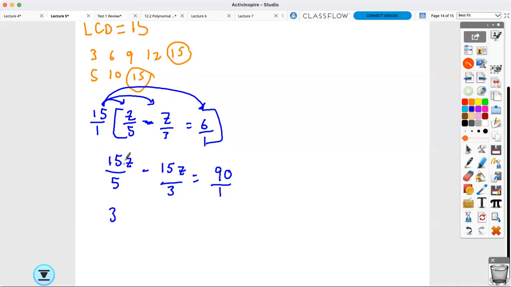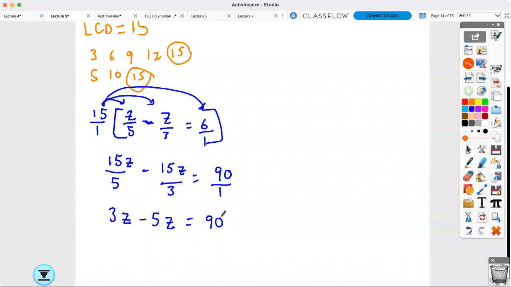And what should be after the 3? Z. Excellent. Then we're going to divide negative 15 divided by 3. I believe negative 15 divided by 3 is negative 5. Bring down the Z. 90 divided by 1 is 90.